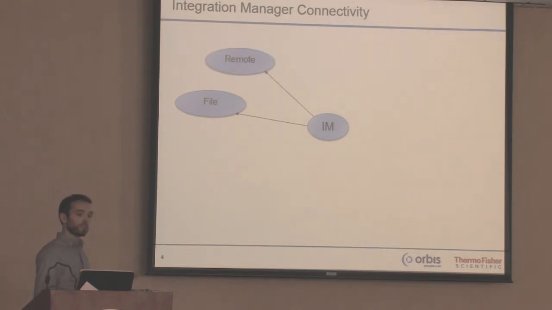A remote agent, which works in conjunction with your file agent in the cases where maybe you have an instrument in a remote location, a remote network location. And a COM port, for a simple COM port instrument where you have a single result passed back on an RS-232 serial connection.